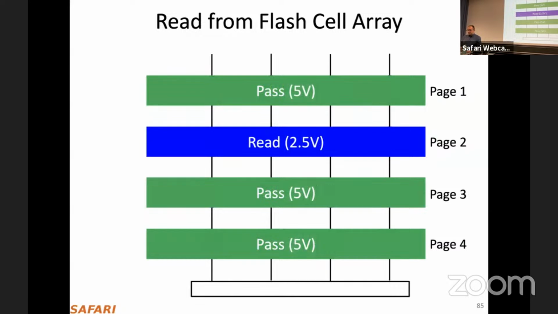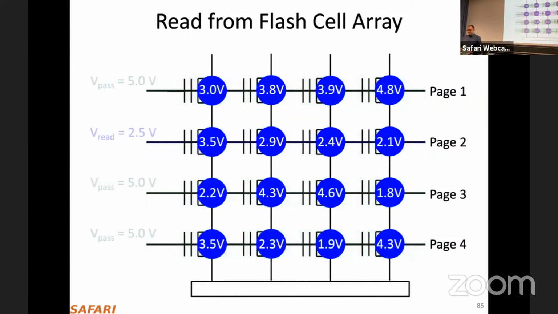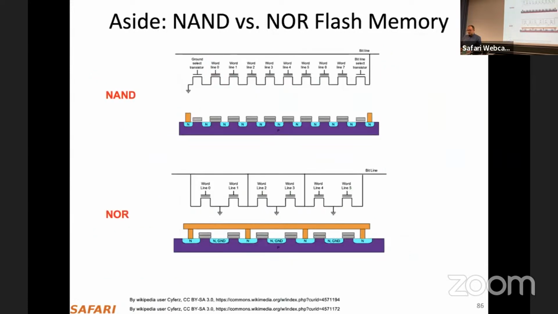You know that we apply VPass to other word lines when we want to access flash and read. This is also a side note: we usually consider NAND flash memory because NANDs are capacity optimized and cost optimized.